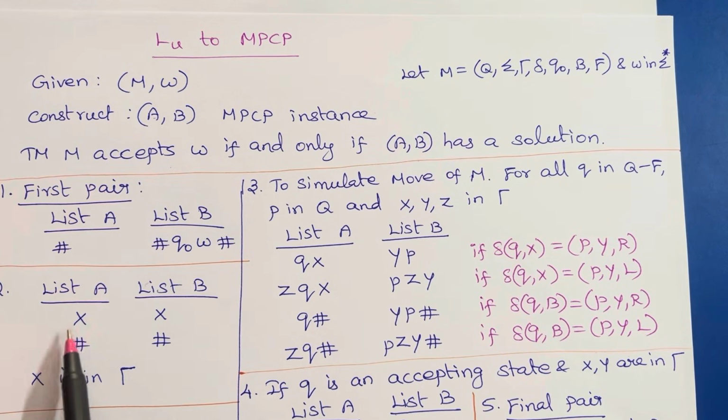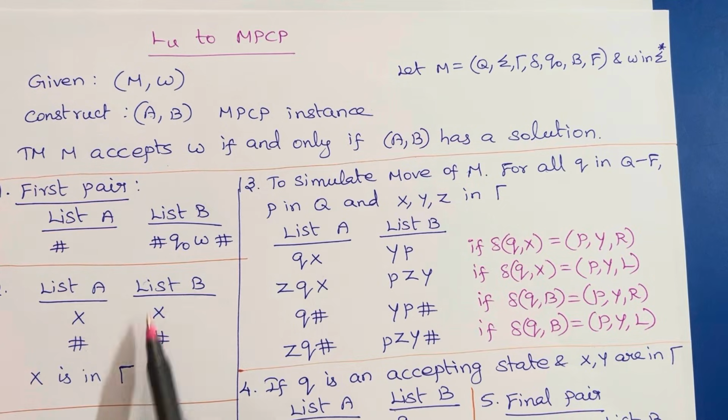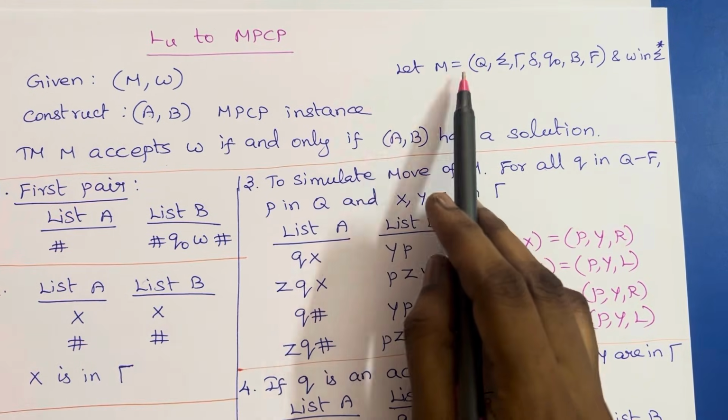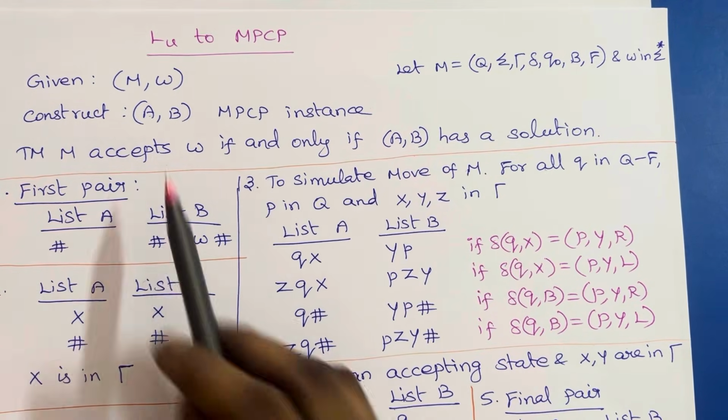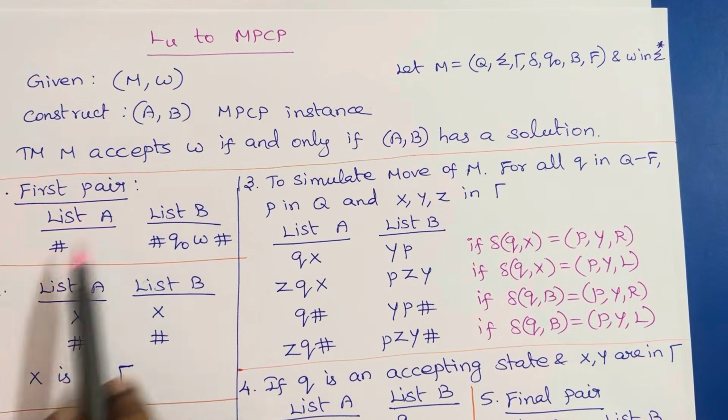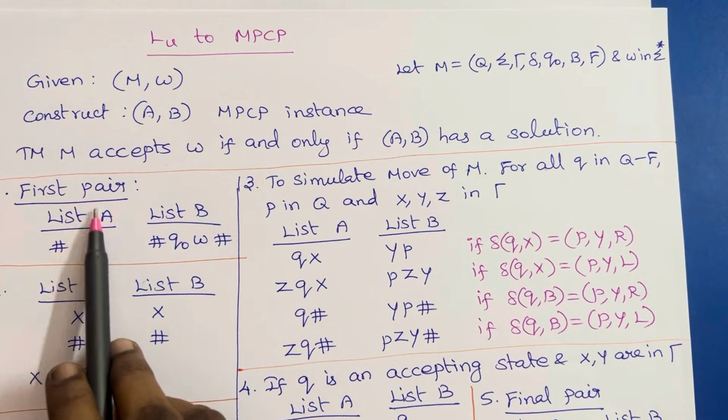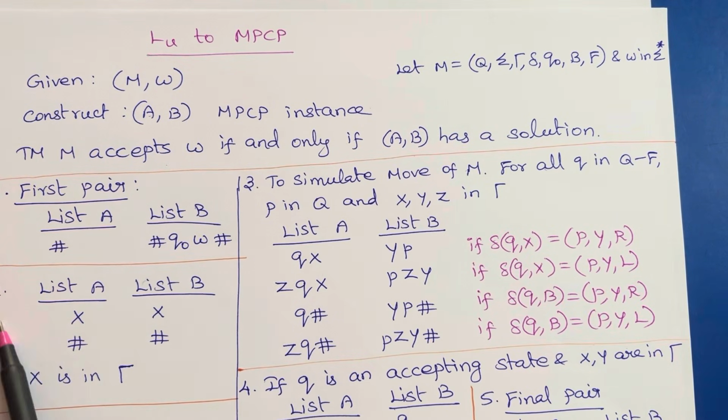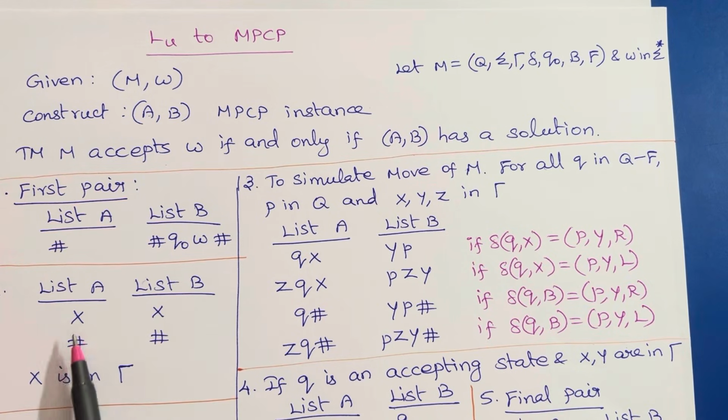So in list A we have to attach X, and in list B we also have to attach X. This is the rule for the first pair, and in the second rule we are going to consider all the tape symbols except blank. So first we have to attach X in list A, X in list B, then hash in list A, hash in list B.